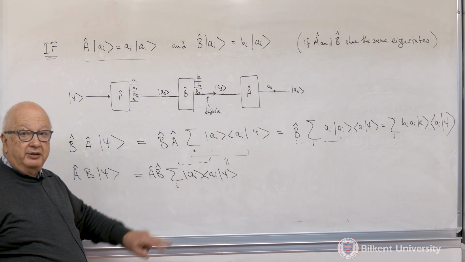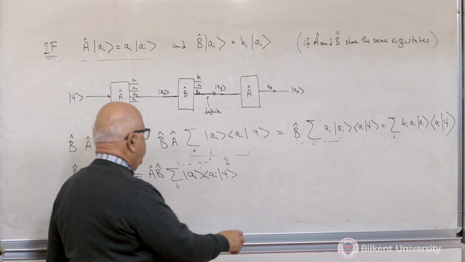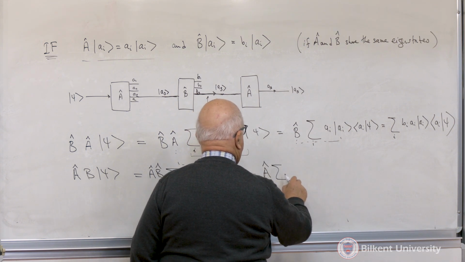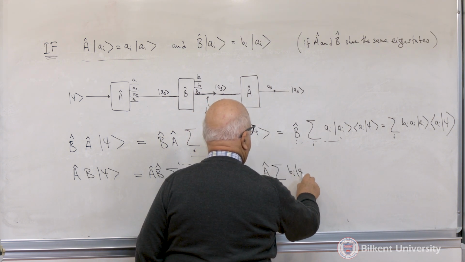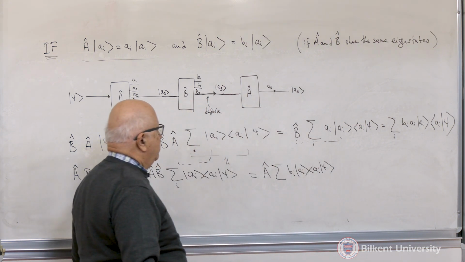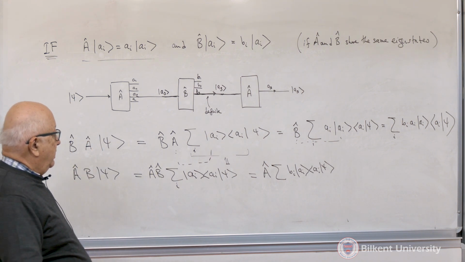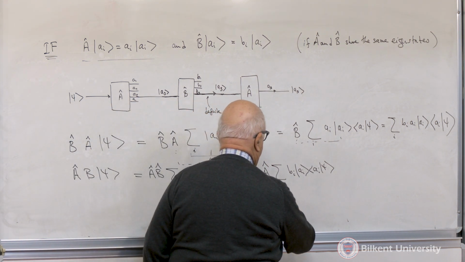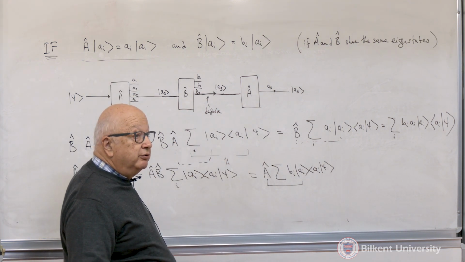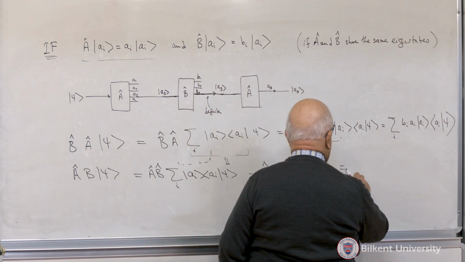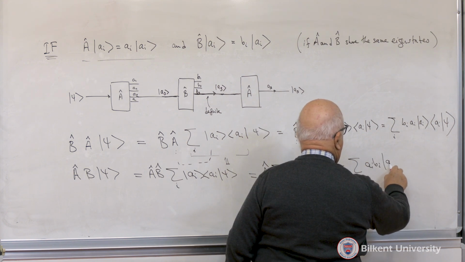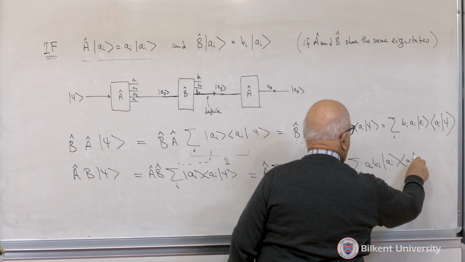B times a_i, since that's an eigenvector, is going to give me A times b_i times a_i psi. And I have this A operating on a_i now, so that's going to give its eigenvalue. So that will be the sum over i of a_i b_i a_i psi.